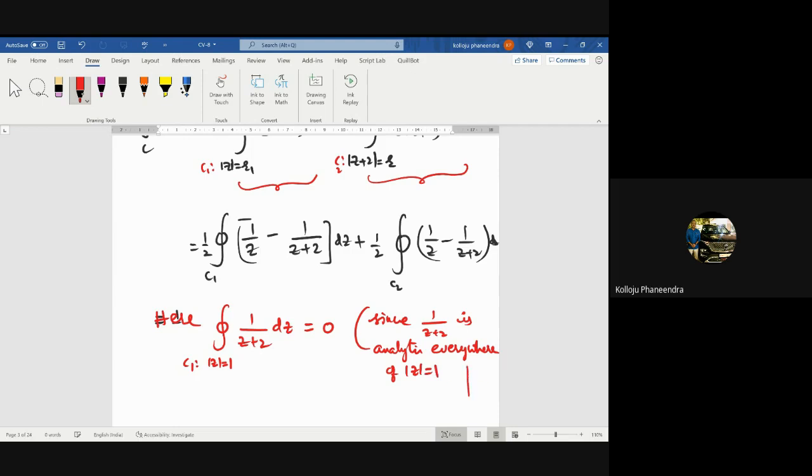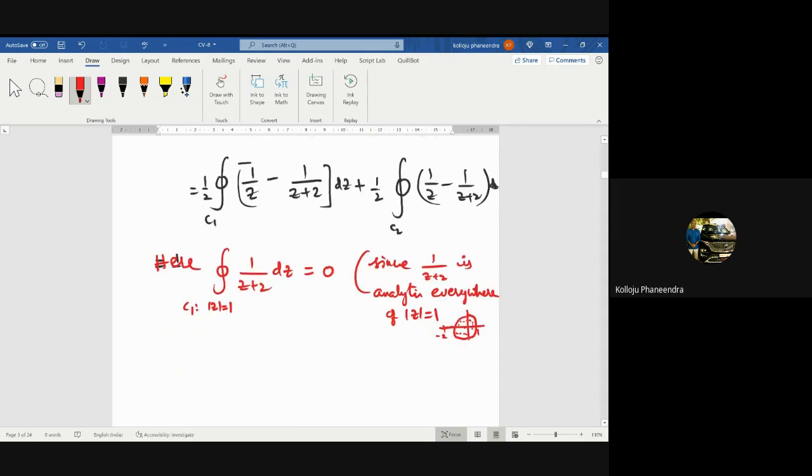Because mod z equal to 1 means this is the circle. This is 1. Where is the negative point? Minus 2 is there. z equal to minus 2. This is minus 2, outside. So within this circle, the function is analytic everywhere.